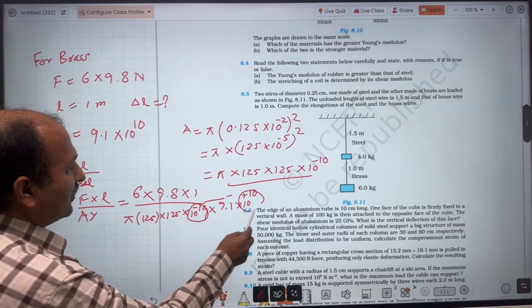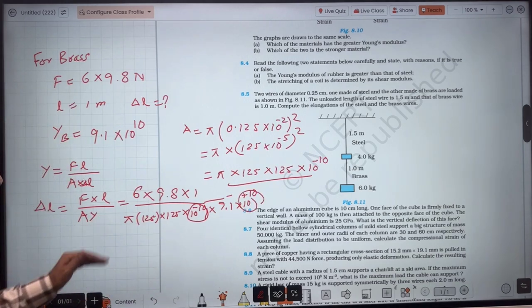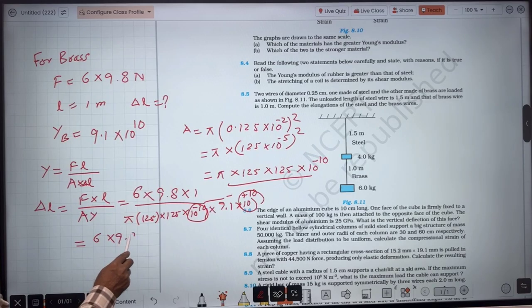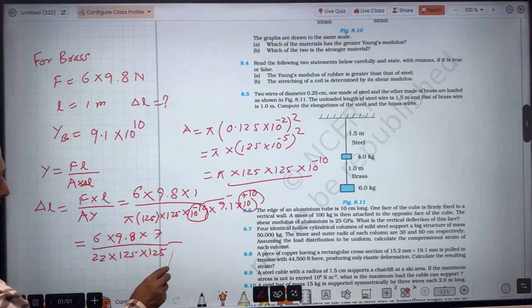Here these two terms will cancel out. Now it's not tough. 6 into 9.8, if we write pi as 22 by 7, so 7 will come over here. This will be 22 into 125 into 125 into 9.1.